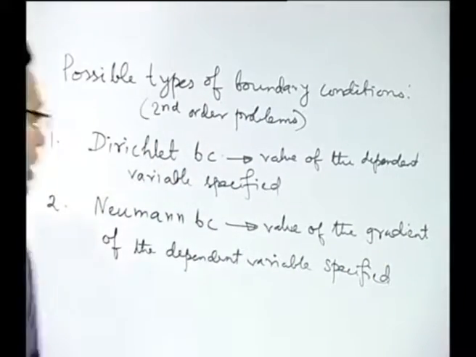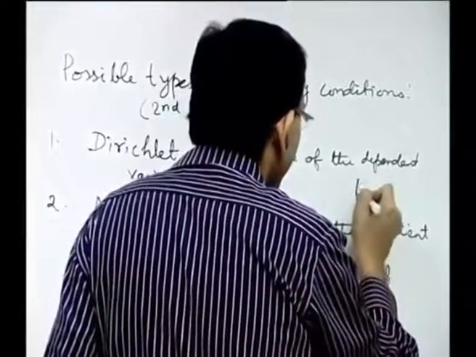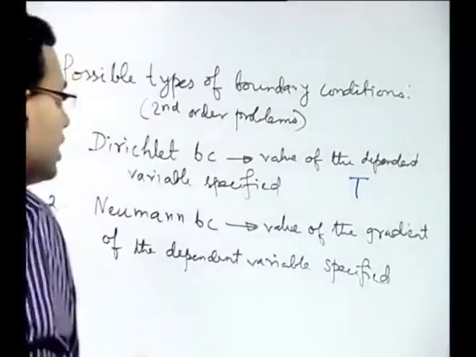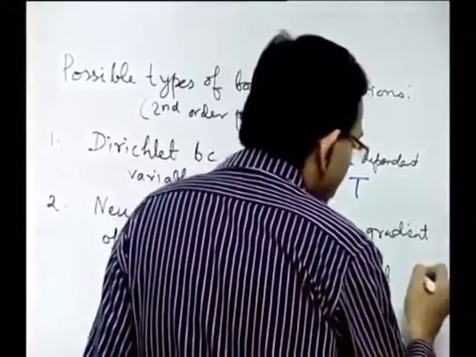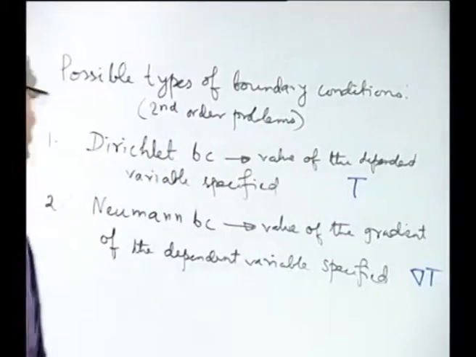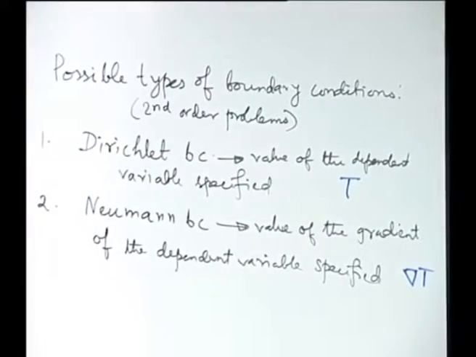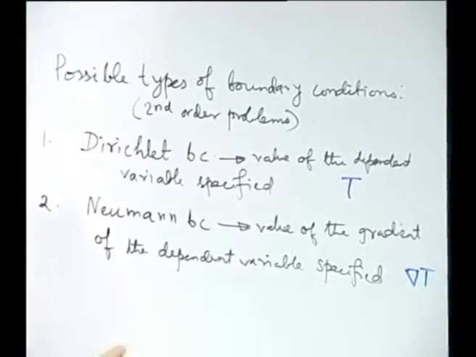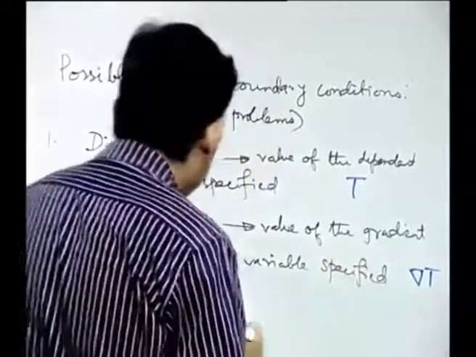So for example, for a heat transfer problem, if the temperature is specified, it is a Dirichlet boundary condition. If the temperature gradient is specified, it is a Neumann boundary condition. That is, if the heat flux is specified.